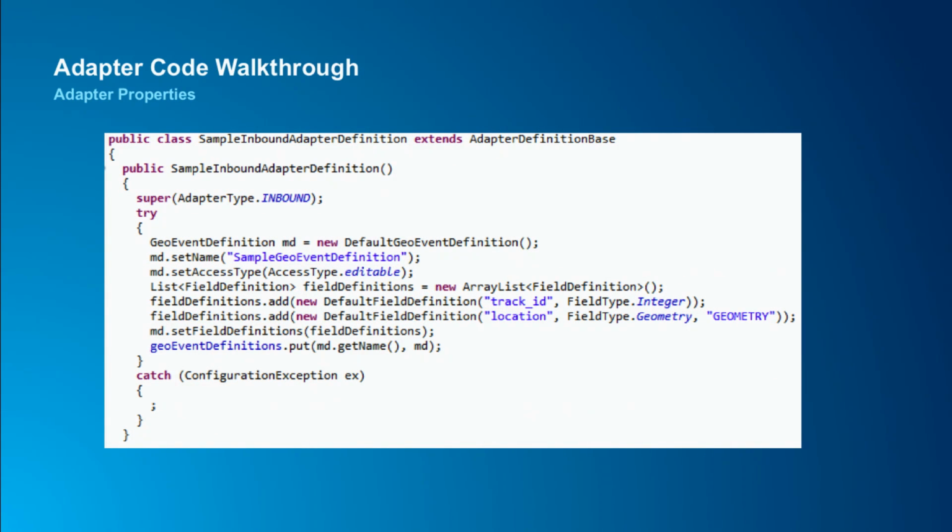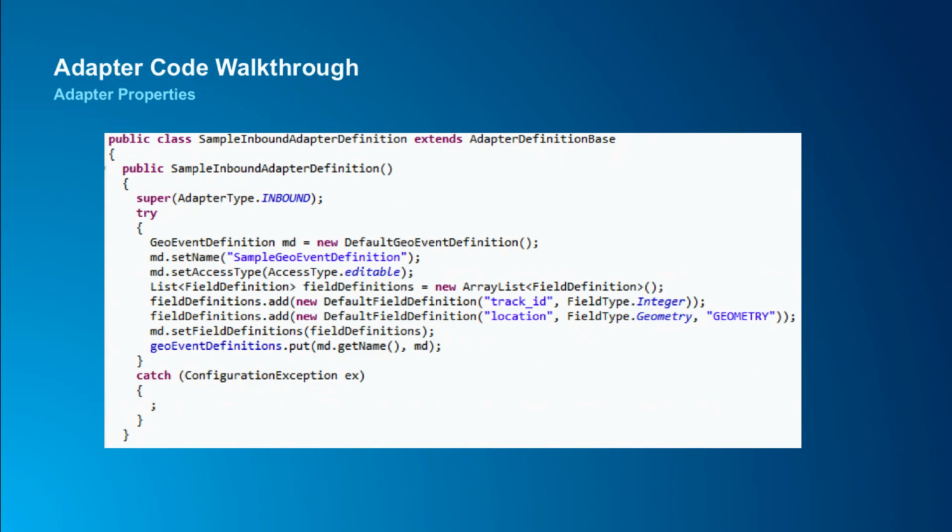So in this example, we wanted to create an adapter that can convert fixed format binary data into a GeoEvent. The incoming binary data contains an integer which we want to use as the track ID, and it also contains 2 doubles for longitude and latitude. So we want to convert this data to a simple GeoEvent which contains a track ID and a geometry field.